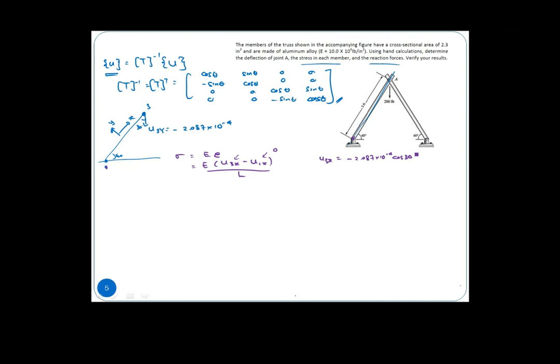So it's actually give us negative 1.8074 times 10 power of negative 4 inch. Right? So we have this u3x, based on the u3y is going down, right? We are getting this information.